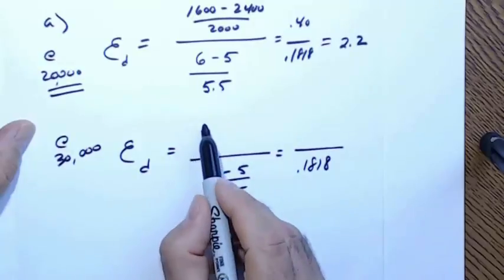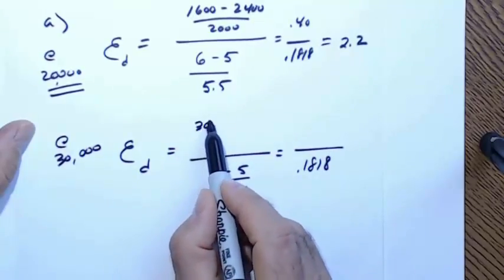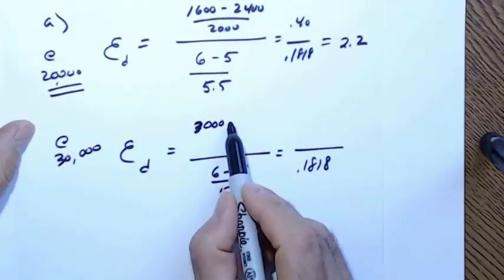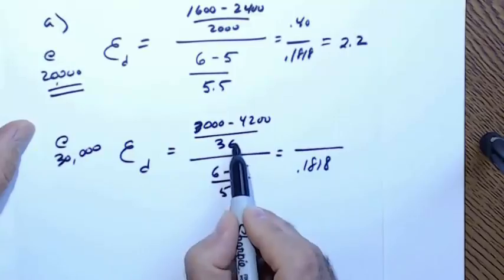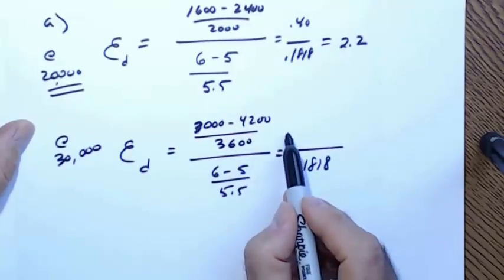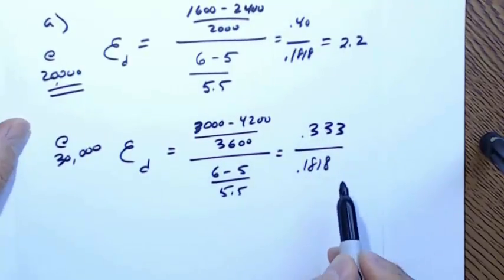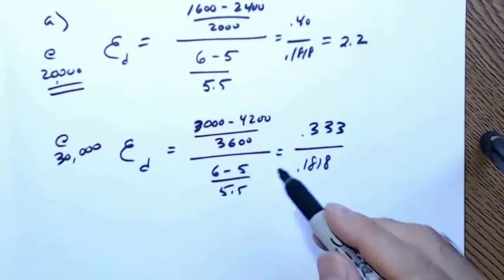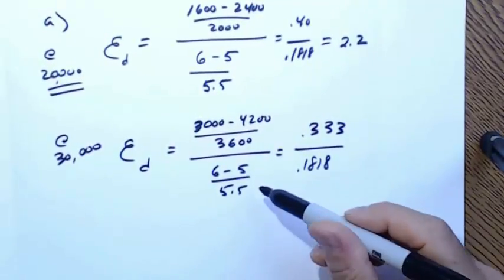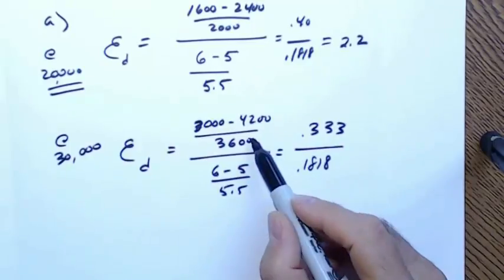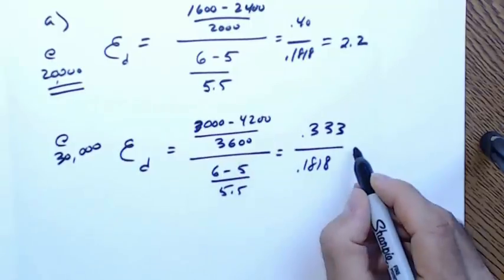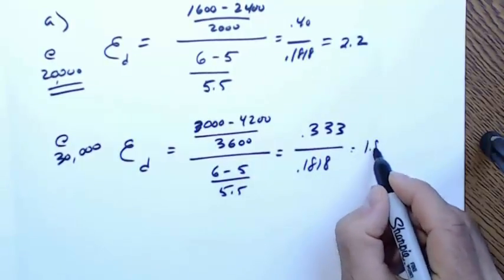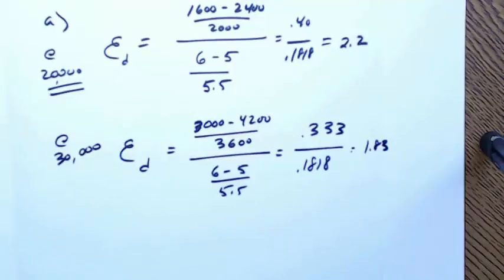But now we go from 4,200 to 3,000 with a midpoint of 3,600, for a 0.333 change, a 33% change. So let's look at this again. Price went up 18%. Quantity fell by 33%. So that means elasticity is 1.83. It's again highly elastic.